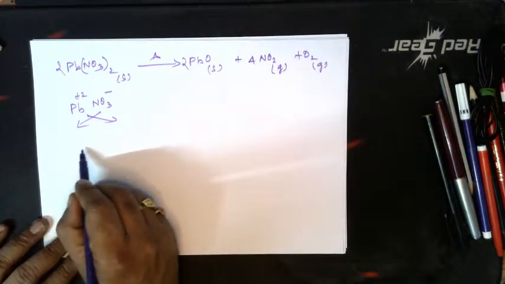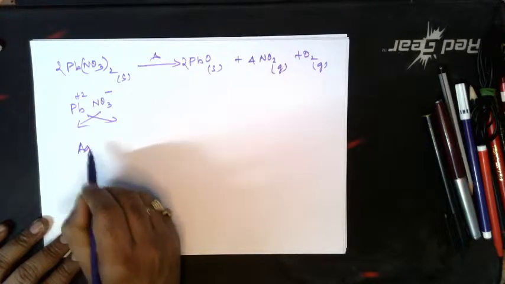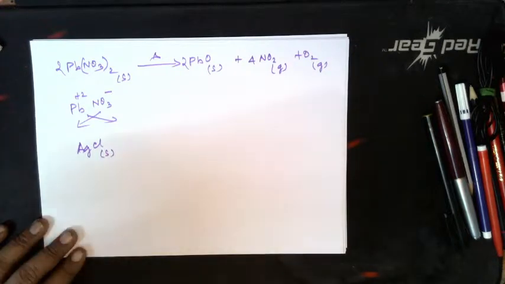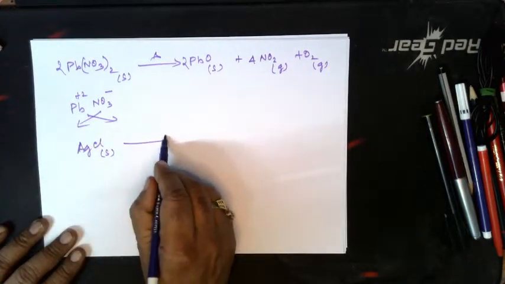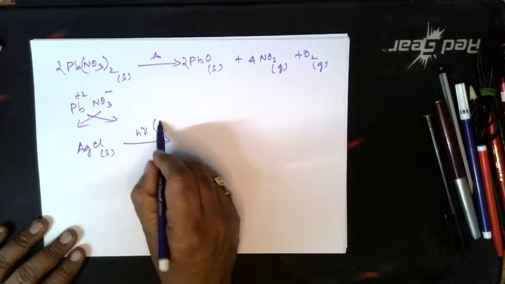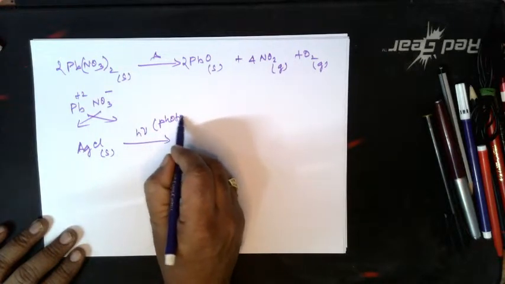Similarly, you have silver chloride, AgCl, that is in the solid form. That undergoes a decomposition in presence of sunlight. This is called photon. Photon means light.